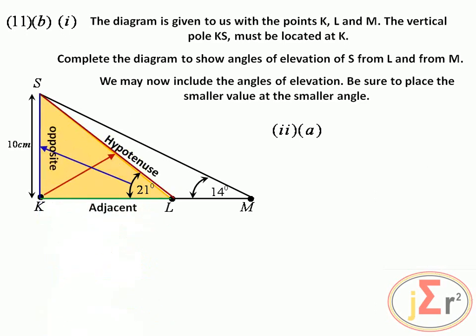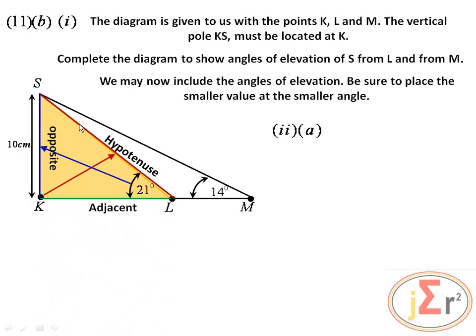But before we label that triangle, we can see that if we need to find KL, the side that is known is this one that is opposite to the angle 21 degrees. And KL is adjacent to it. Opposite and adjacent: tan. Right. So this side is opposite to the known angle.